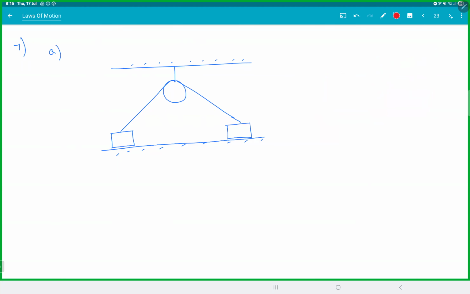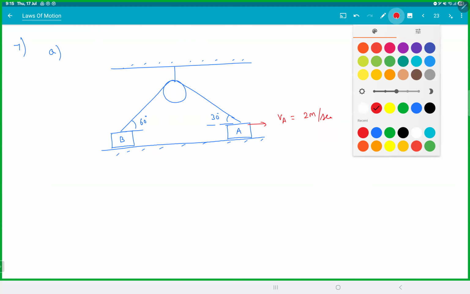Let's say this is A and this is B. This is 60 degrees and this is 30 degrees. Let's say VA is going with 2 meters per second.